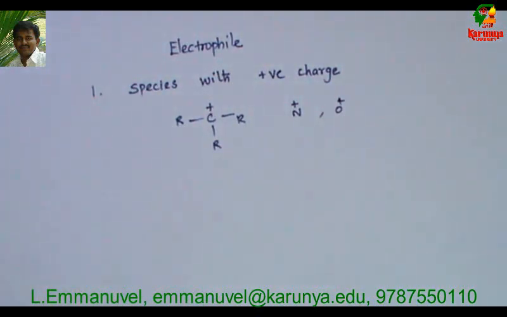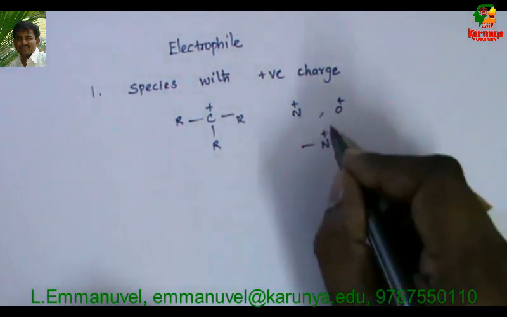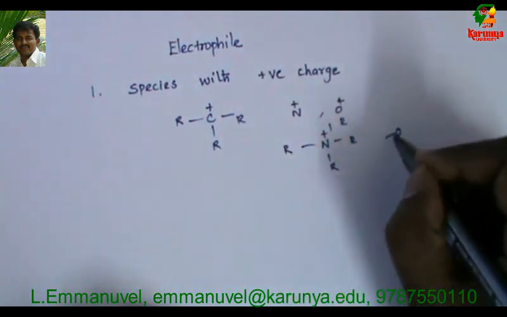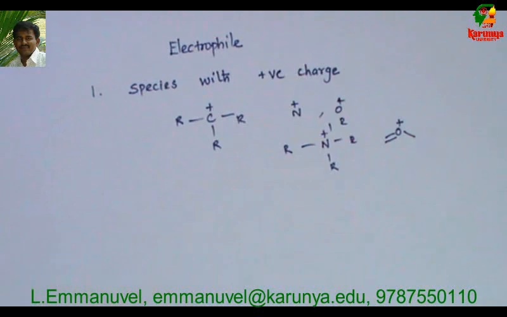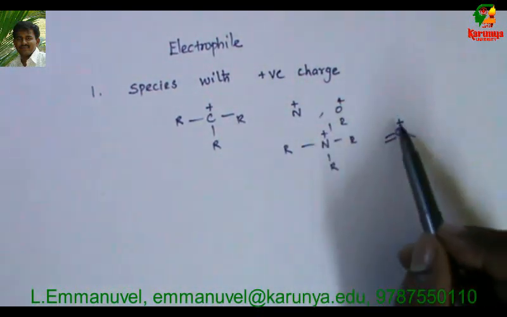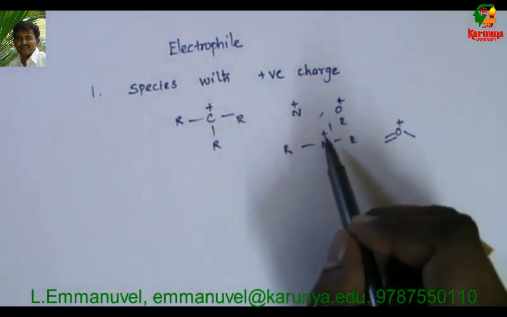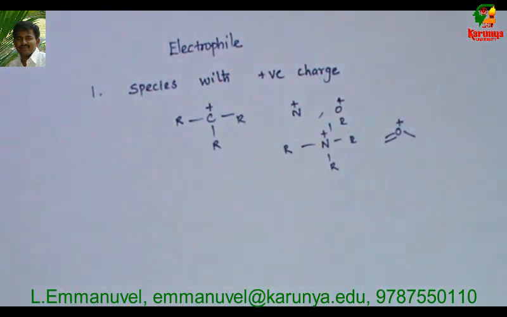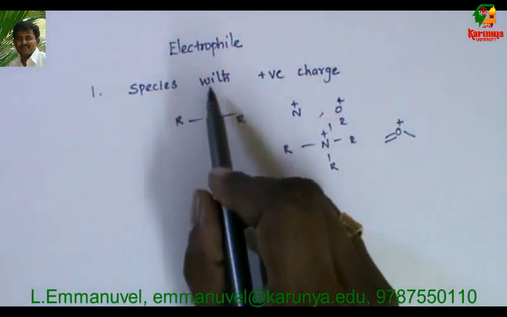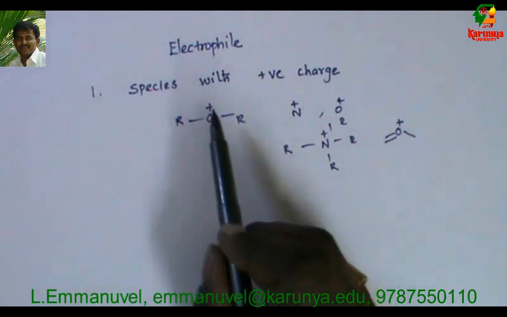Here the students get confused with the ammonium ion and oxonium ion. Look at this. Nitrogen has positive charge, oxygen has positive charge. But it is because it has lost its lone pair of electrons. But in the carbocation, a covalent bond has been lost.